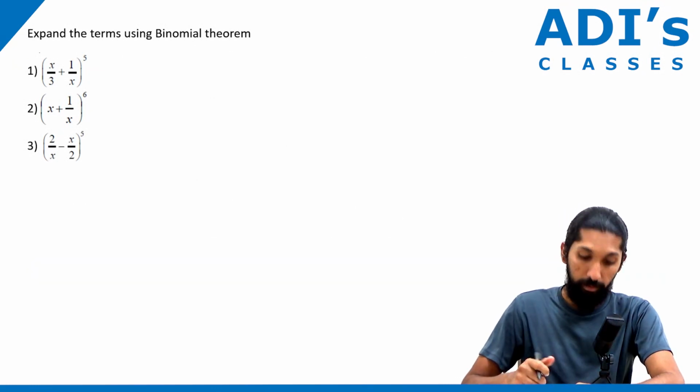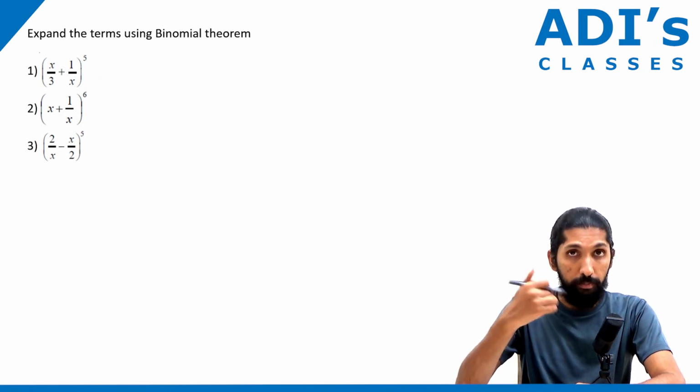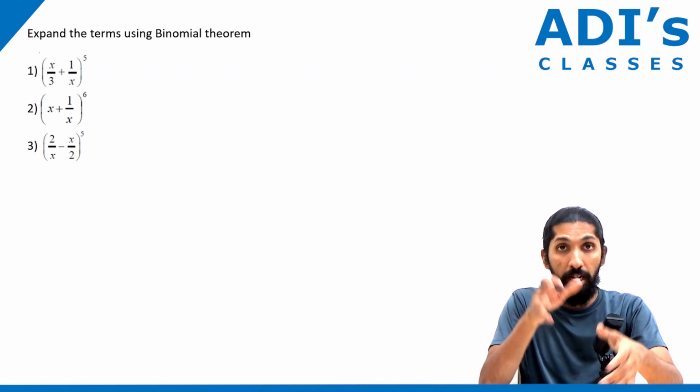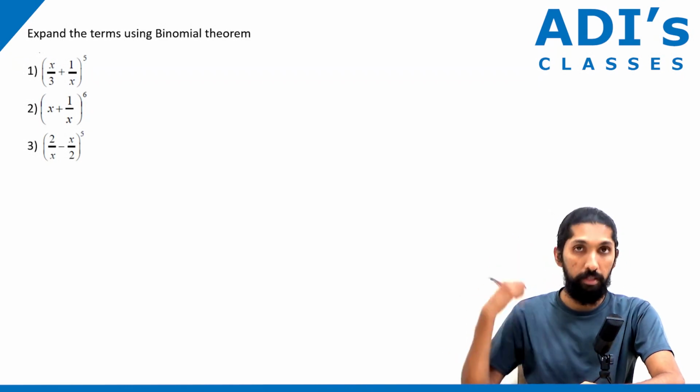For the third one, we have 2 by x minus x by 2 whole to the power of 5. Remember, there is a negative sign here and also the power is 5. Let me recap the formula.